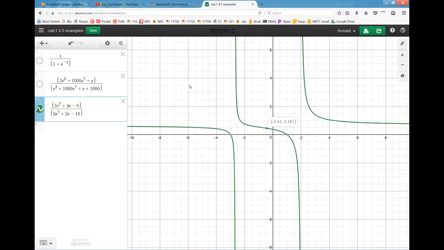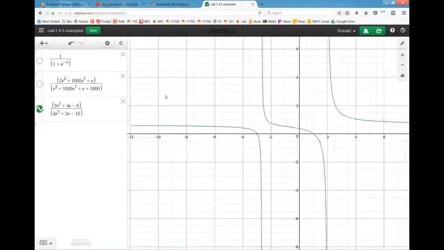I'm just guessing, but it changes from concave up to concave down. But it's the horizontal asymptotes that we particularly want to mention today.